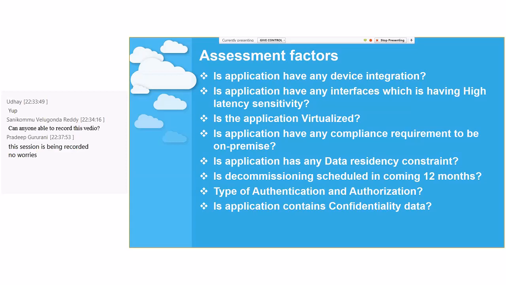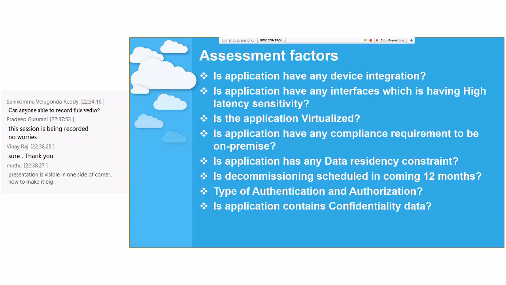And if the application is not virtualized and the client is willing to take it to the cloud, then we will have a constraint of virtualizing this application. Apart from that, we can ask them, do they have any requirement to keep this application on-premise? If they have some compliance rule, definitely we cannot take this application to the cloud. These are quick ways of finding out whether the application can be cloudable or not.